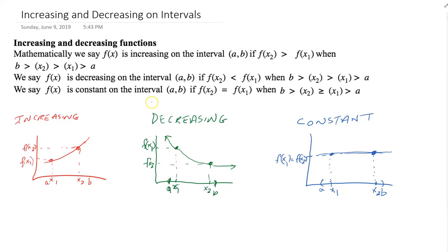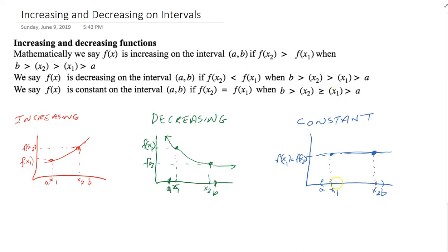We say f of x is constant on the interval AB if f of x sub 2 is equal to f of x sub 1 when b is greater than a, and x sub 2 less than or equal to x sub 1. Okay?